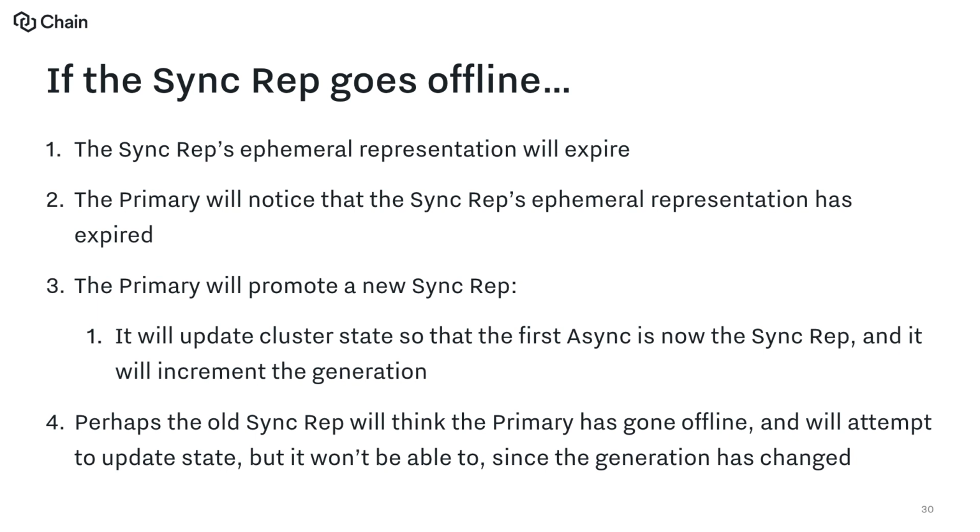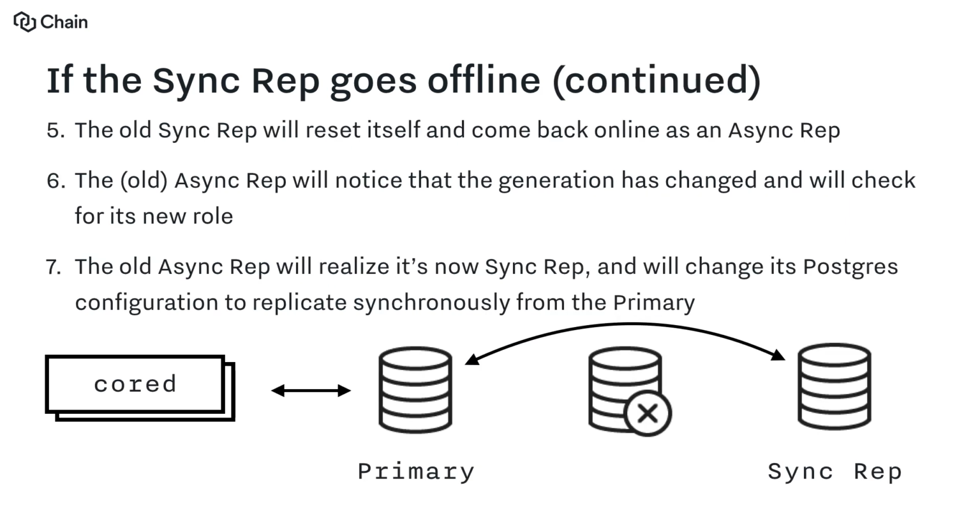So then let's say the old sync rep comes back online and it attempts to update the state because it's confused. It thinks the primary has gone offline. But it won't be able to, because the generation has changed under its feet. So instead, it will reset itself and come back online as an async rep at the end of that line of asyncs, after the old async rep.